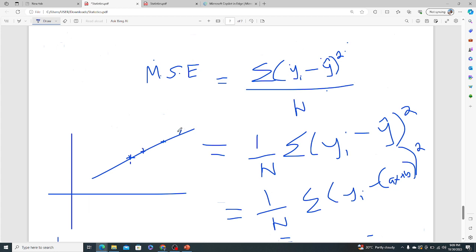Even after doing your prediction, most of the values will be close to the regression line, in comparison to when they are not close to the regression line.